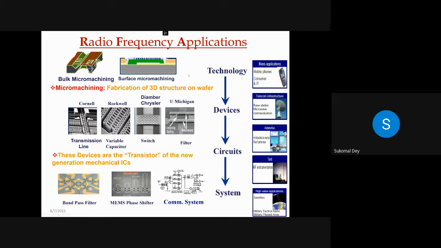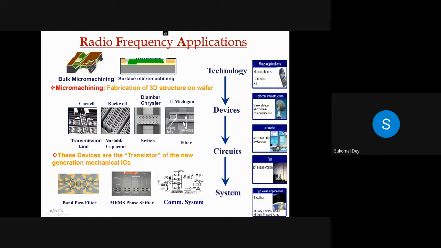With the help of this micromachining process, one can develop different types of transmission lines, varactors, switches, filters, and others. Once you have developed these basic elements, you develop different kinds of passive circuits like filters and phase shifters, and then you use them in the system to make the complete device.